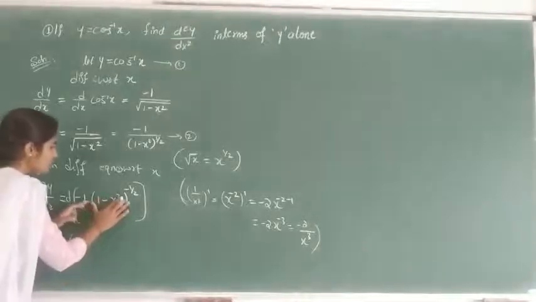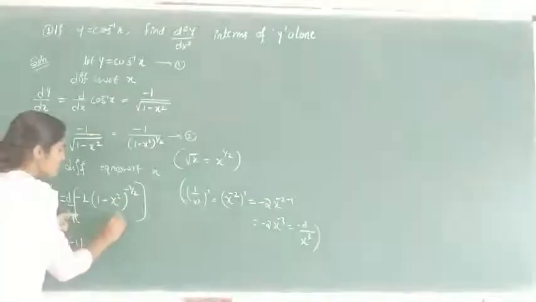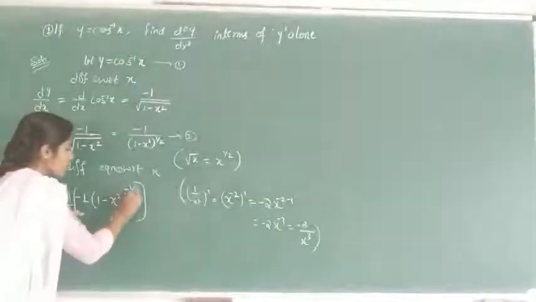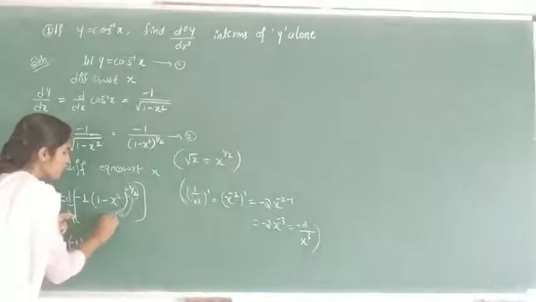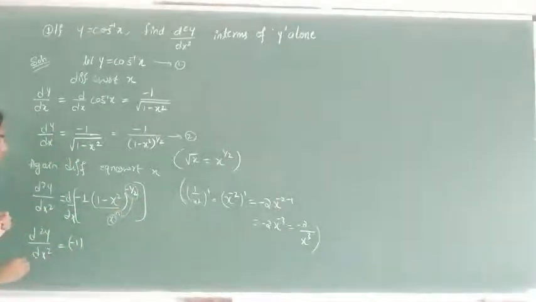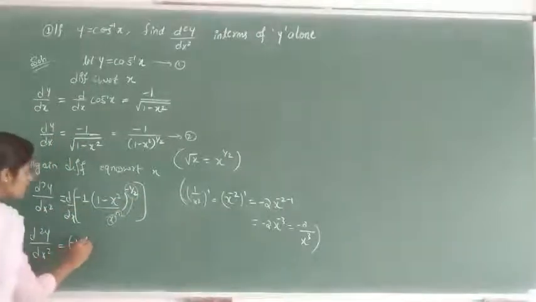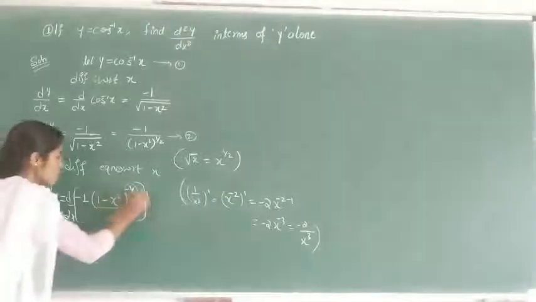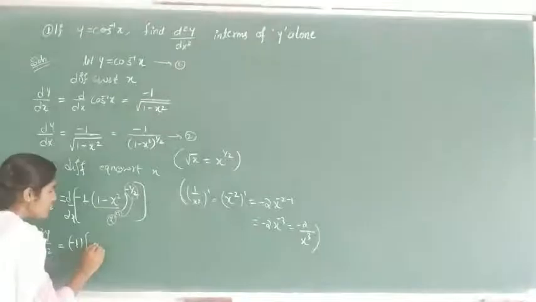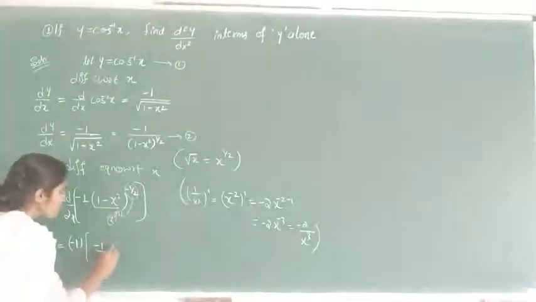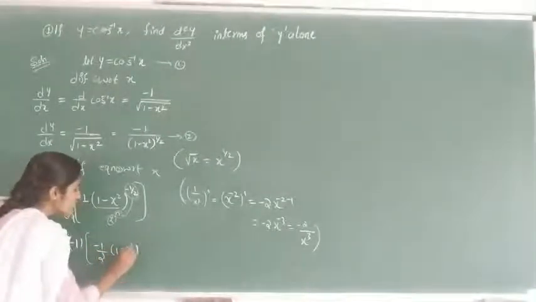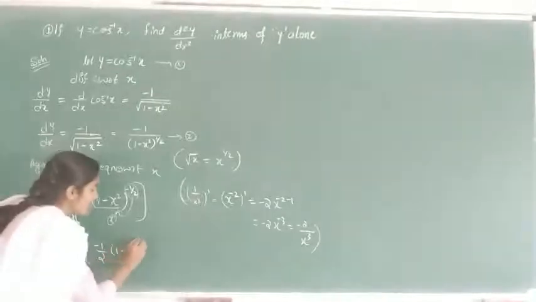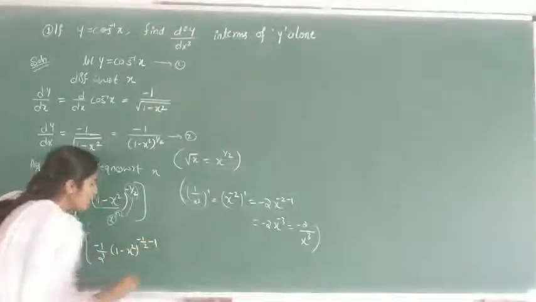The derivative of this function is in terms of x to the power n, so in place of n I have minus 1 by 2, and in place of x I have 1 minus x square. So minus 1 into n into x to the power n minus 1, where n is minus 1 by 2, x is 1 minus x square, and the power is n minus 1, that is minus 1 by 2 minus 1.